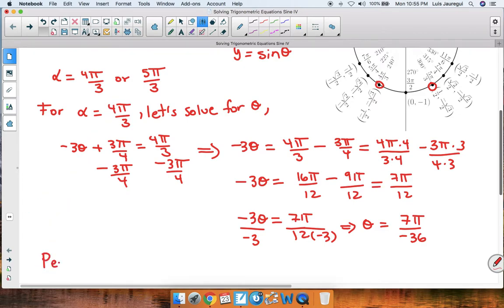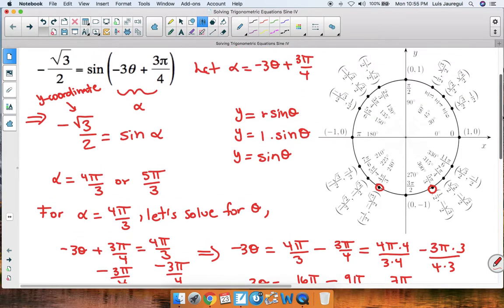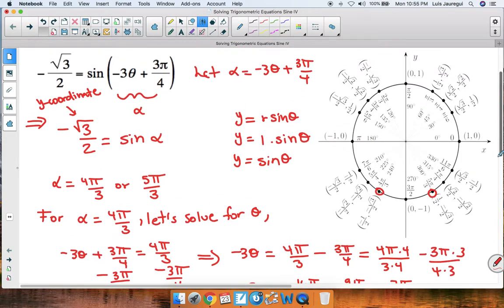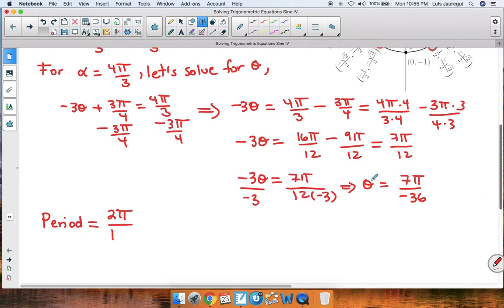The period of this given function is equal to 2 pi, the original period for sine, divided by the absolute value of the coefficient of theta. Well, the coefficient of theta happens to be negative 3. So your period here is simply 2 pi divided by the absolute value of negative 3. In other words, this is just 2 pi over 3.